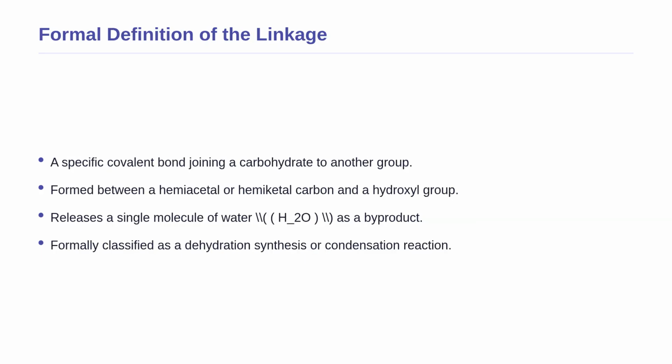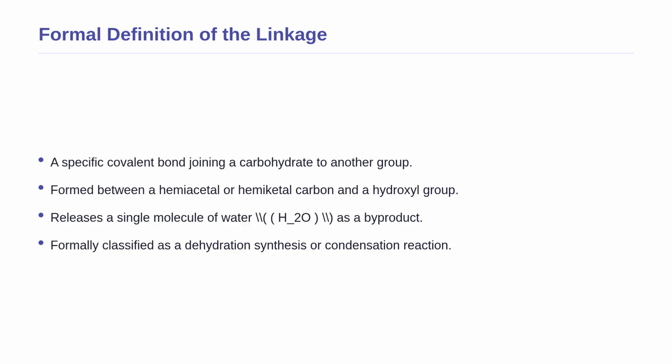Now that we have our Lego analogy, let us look at the formal scientific definition. A glycosidic linkage is a specific type of covalent bond that joins a carbohydrate molecule to another group. This bond is formed when the highly reactive hemiacetal or hemiketal carbon of one sugar molecule reacts with the hydroxyl group of another molecule.